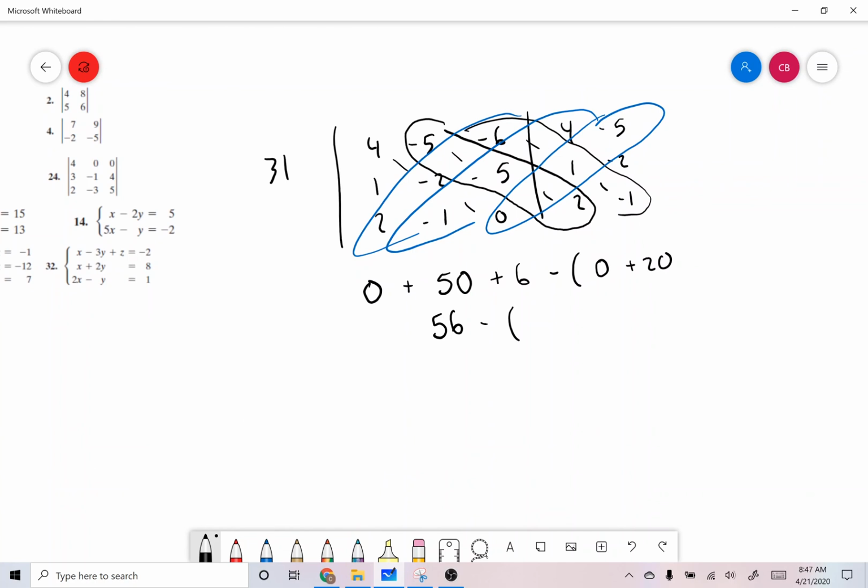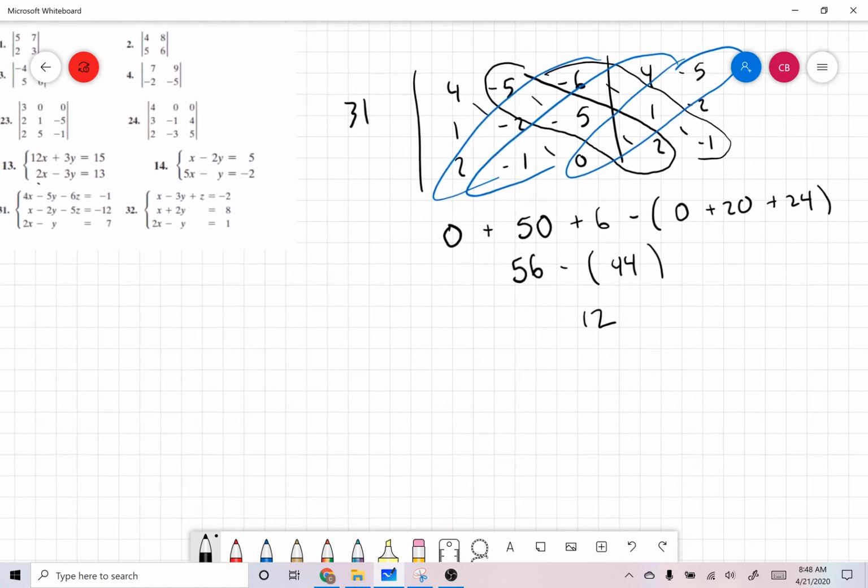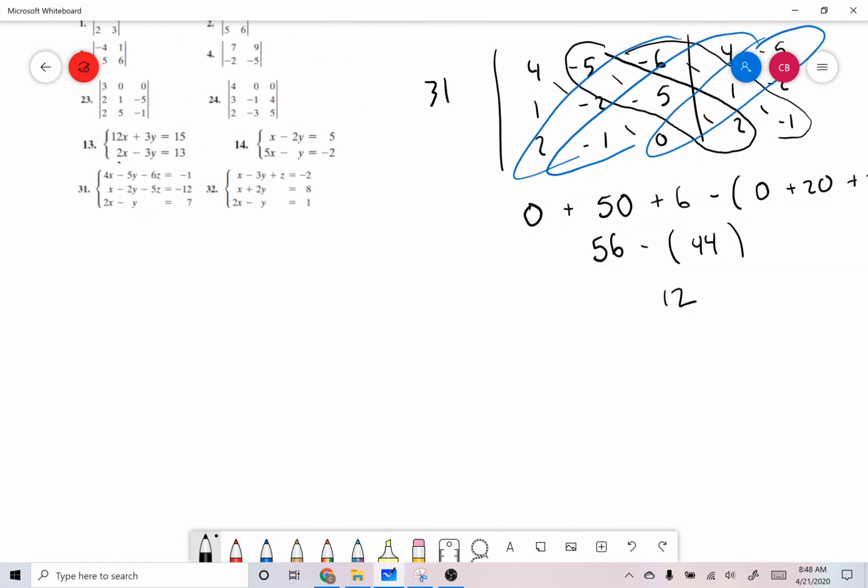And -6 times -2 is positive 12, times 2 is 24, so plus 24. And so this is 20 plus 24 is 44. And so I think this is 12. Okay, so that's the bottom. So if we want x, y, z, it's going to equal something over 12, over 12, over 12.